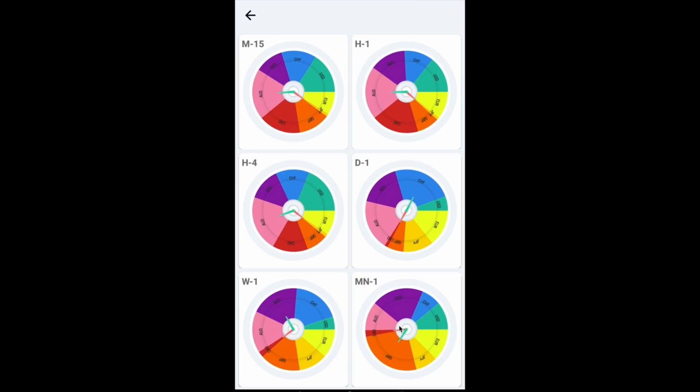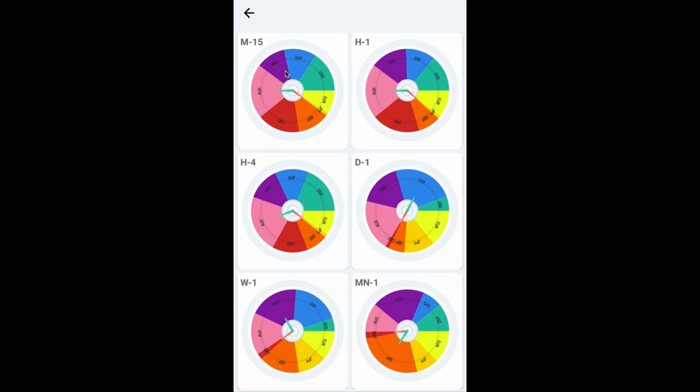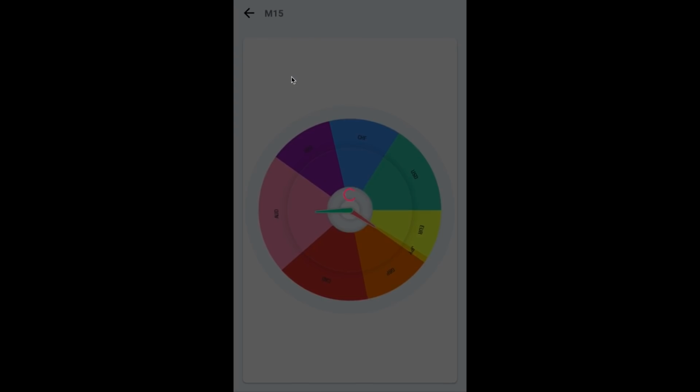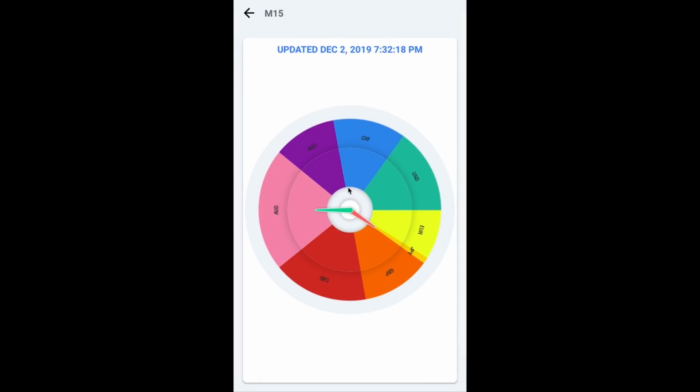Now, to be honest with you, I really don't use this. The only one that I really use is the strength. But I will tell you that some people use this 15-minute one for scalping. And it's a whole paperwork and checklist that you have to use.